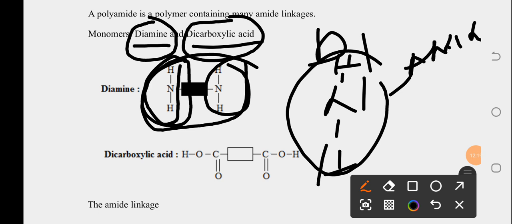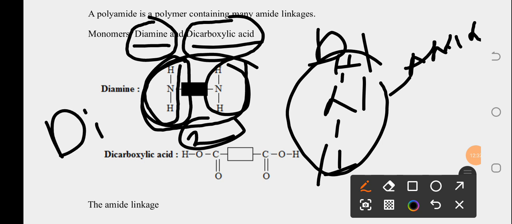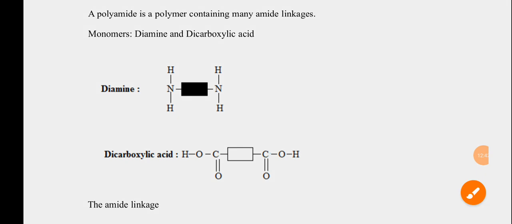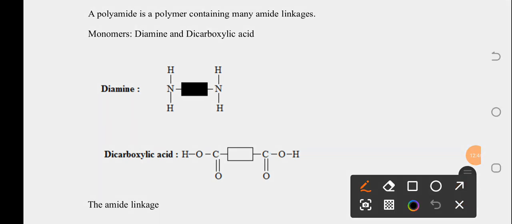If you combine these two, we are having two amines, and in chemistry, 2 is represented by di. That's why we are saying diamine, because we've got 2 amines. I hope you are getting the point. In the same manner, the reason why we are saying dicarboxylic is that we've got 2 carboxylics. We've got this one and this one.